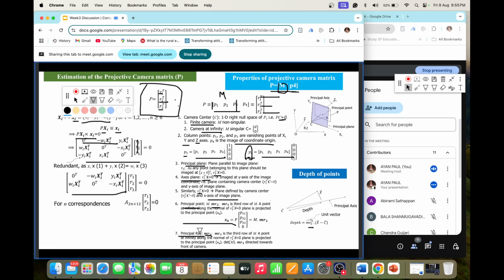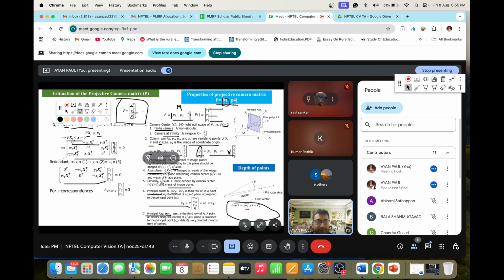So these are all the properties of your projection matrix, and that is how we can find the depth of a point. Is it clear to all of you? You all understood, right? What is MR3? M is the matrix comprising the first three columns of your projection matrix.